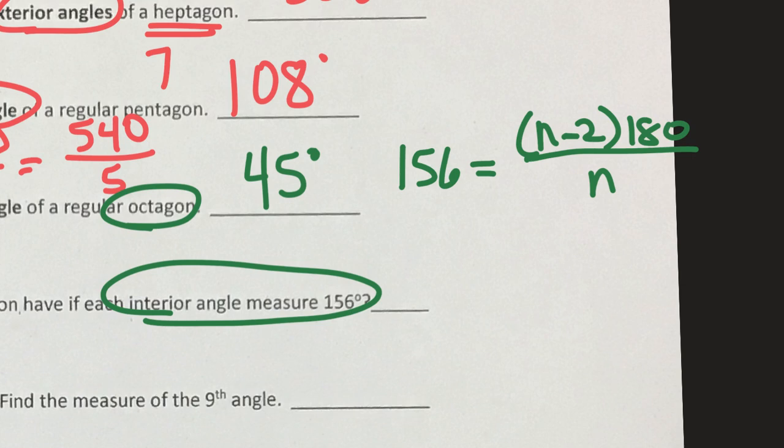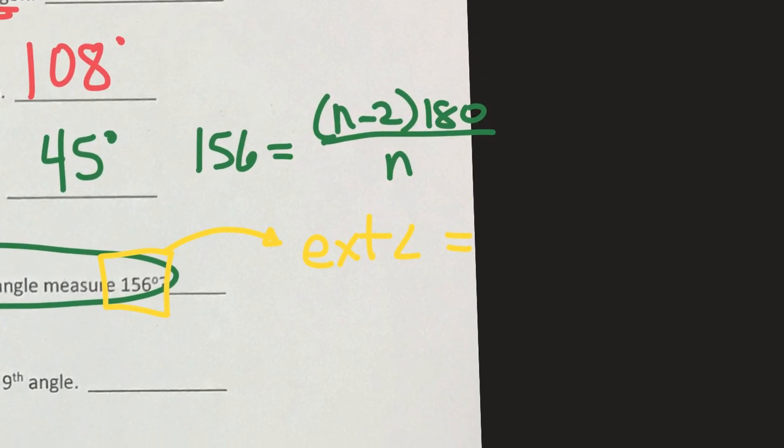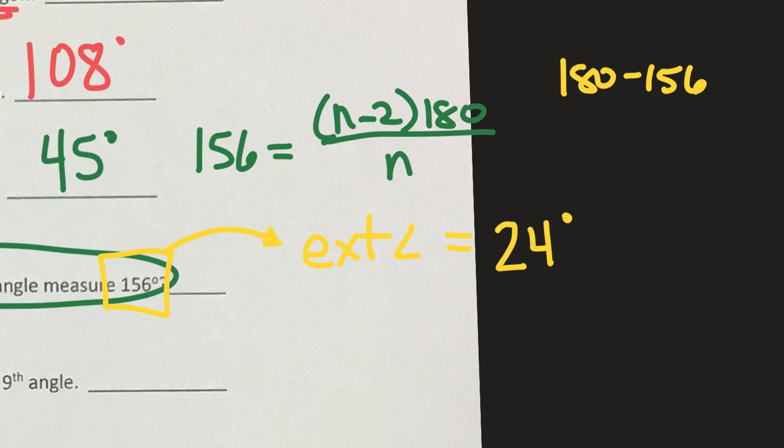If we know the interior angle measure, what else do we know? The exterior angle measure. If the interior is 156, then the exterior angle is 24. What's 180 minus 156? Is that 24? Okay, so the exterior and the interior add to 180. So if we know the interior, we subtract it from 180 to get the exterior.